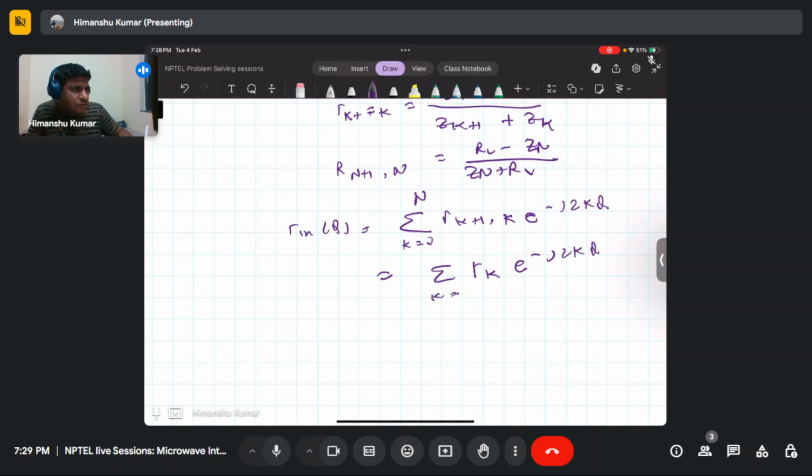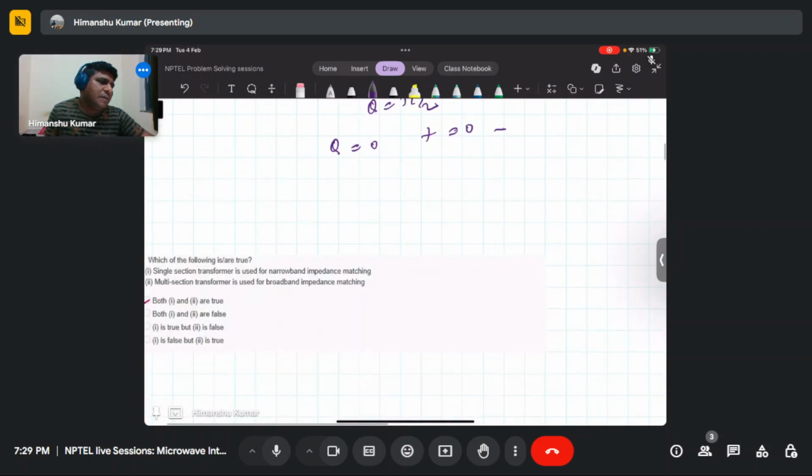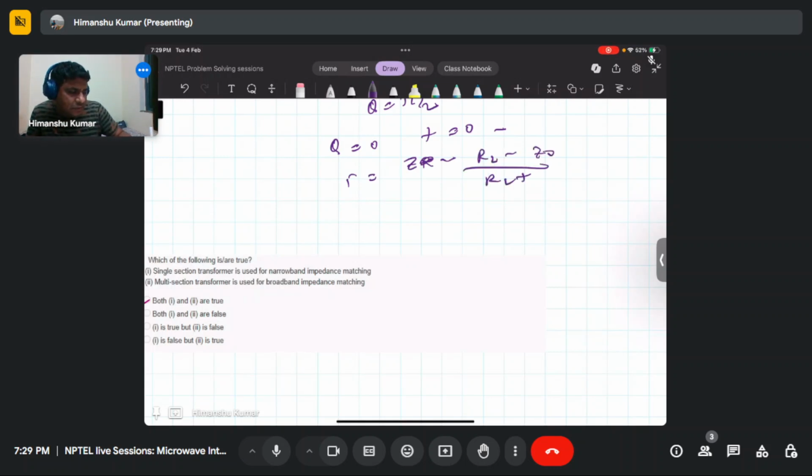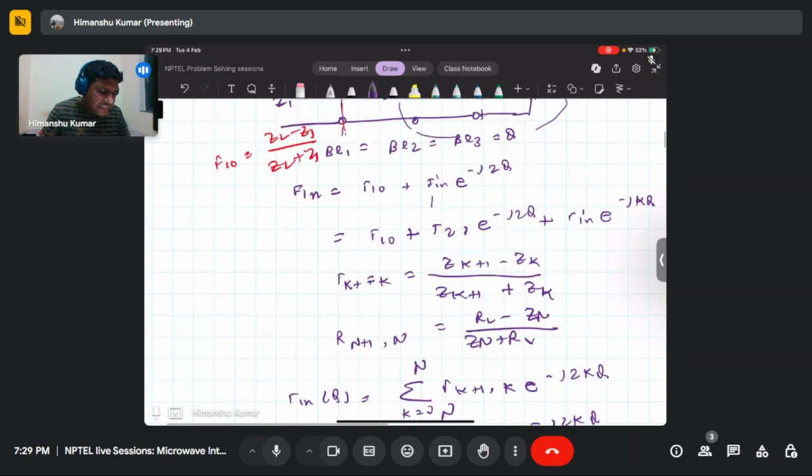At the center frequency theta equals pi by 2, and at theta equals 0, which is the zero frequency, that is DC, gamma becomes RL minus z naught divided by RL plus z naught. So this is the multi-section line.